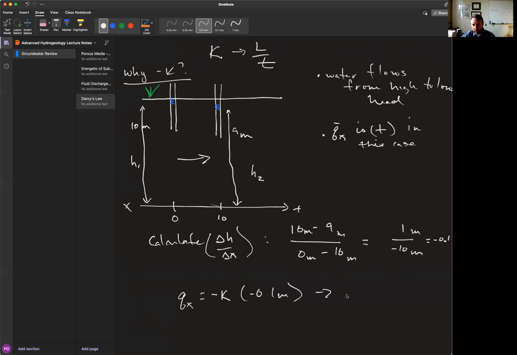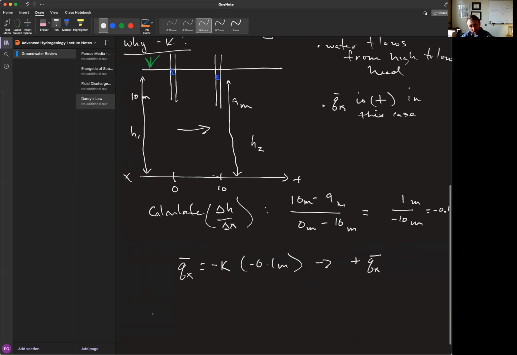And that will give me a positive Q sub X. So all the -K does is make sure flow is down gradient. And by the way, K is always positive.